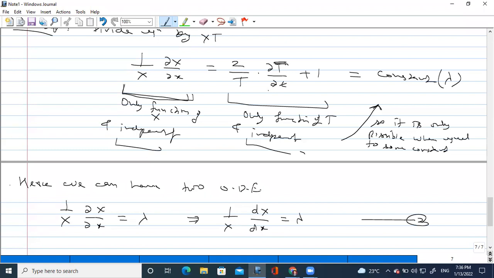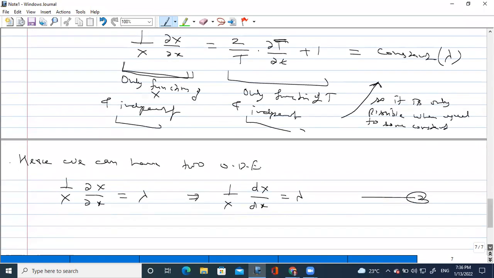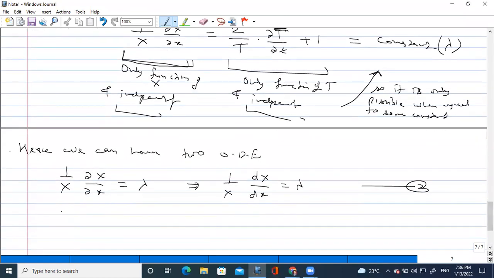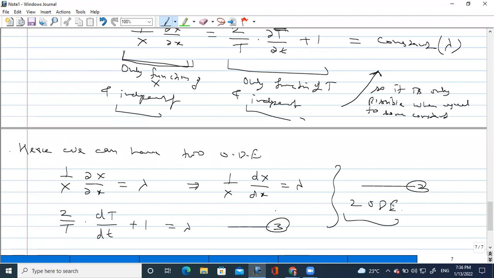Again one more equation I will get from here, second ODE: 2 by T into, in place of del T by del t I can write dT by dt plus 1 is equal to lambda. So this is equation number 3. These are the two ODE. These equations we have to solve and we will get the answer. Okay, so this is our procedure.